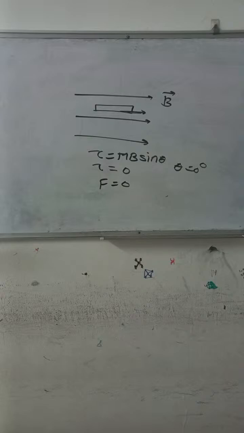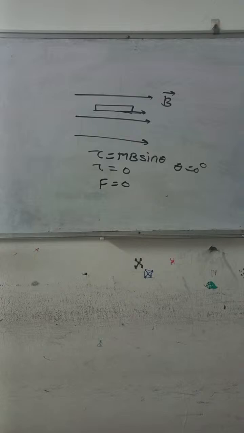Second, magnetic field lines start from the N end, N means north, and end at S of the magnet, S means south.